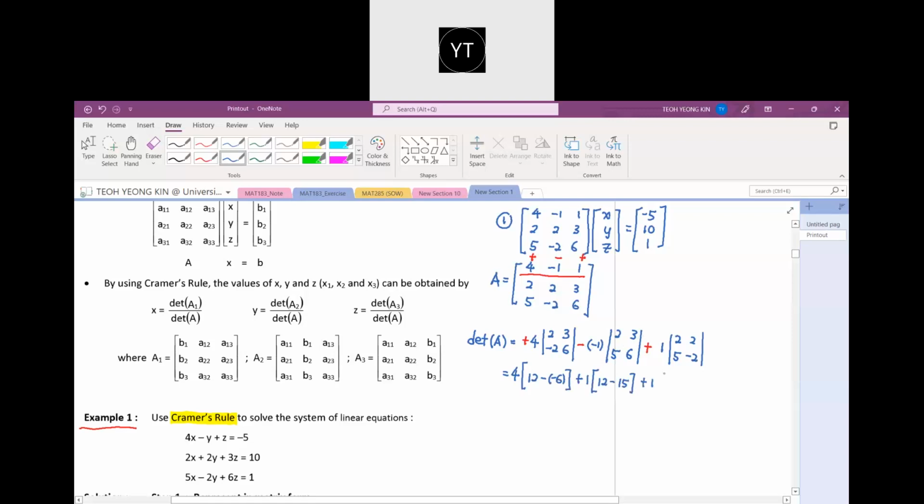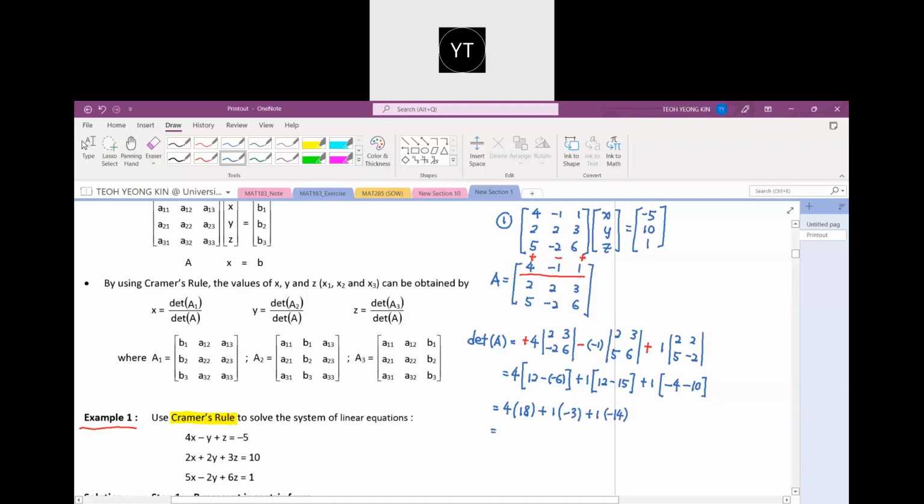Plus 1 times (2 times -2, -4, minus 2 times 5, 10). So we have 4 times 18, you can use your calculator. Then -12 minus 15 is -3. Plus 1 times (-4 minus 10, -14).